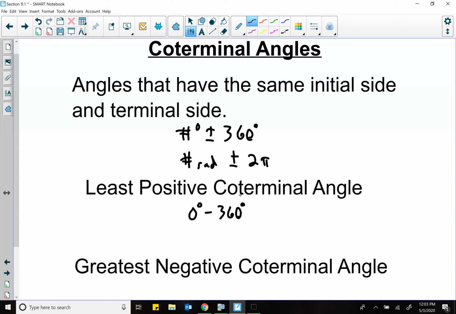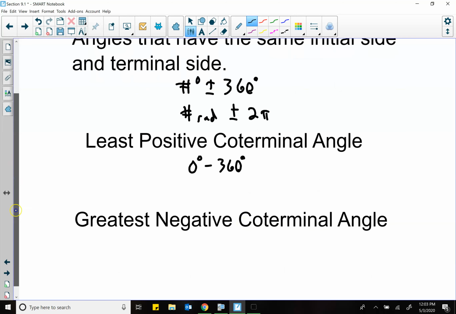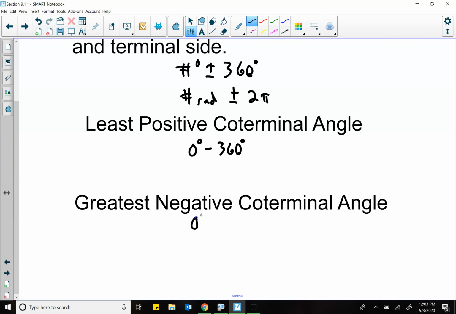Anything that is bigger than 360 degrees, you want to subtract 360 to get the least positive until you're within this range. The greatest negative is between 0 degrees and negative 360 degrees. Or in other words, what I'm talking about here, 2 pi.